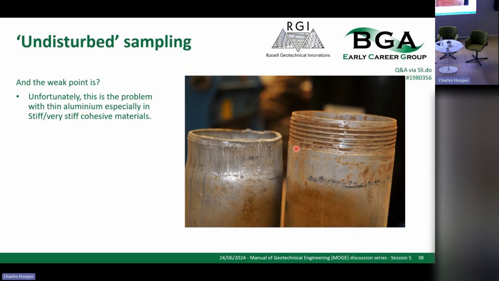Commonly they will fail if it's an aluminium tube, or at least it's not uncommon, is the best way to put it. They don't like losing samples down holes, and they really don't want to drill another borehole to try and get past that tube. So you can see what people do. They'll put a casing down the borehole and squash the top in and try and withdraw the tube. So this is the problem with the new UT tubes, the aluminium ones.